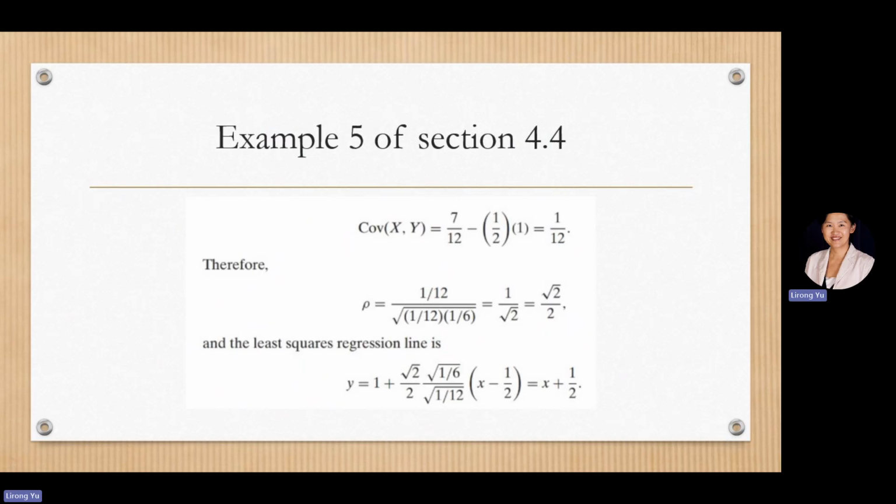The b equals the correlation times the standard deviation for y divided by the standard deviation for x. Now the correlation we just found was root 2/2. The standard deviation for y, I remember, was root of 1/6. Then the standard deviation for x is root of 1/12, right? So we flip it upside down.